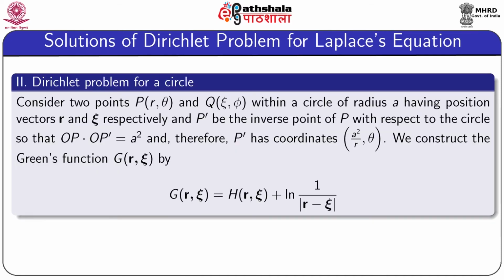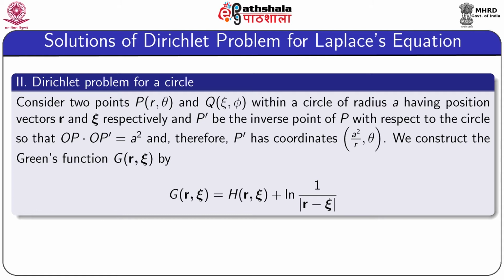And now we choose a point P dash such that it is the inverse point of the point P with respect to the circle such that OP into OP dash equals a square. So, this is the definition of the inverse point of a point with respect to a circle. Therefore, from this definition we can find the polar coordinates of P dash as a square by r, theta.